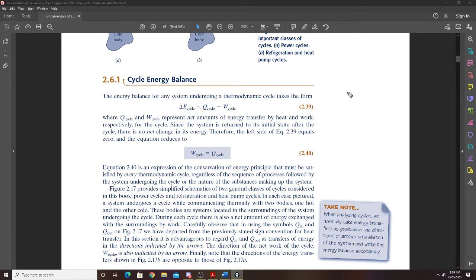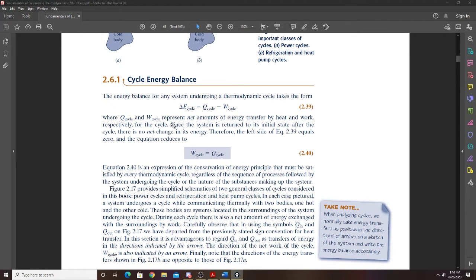Since the system is returned to its initial state after the cycle, there is no net change in its energy. Makes sense, right? If we start and end up at the same place, nothing has changed in that respect. State 1 and the last state are the same. Therefore, the left side of the equation equals 0, and the equation reduces to work cycle equals Q cycle.